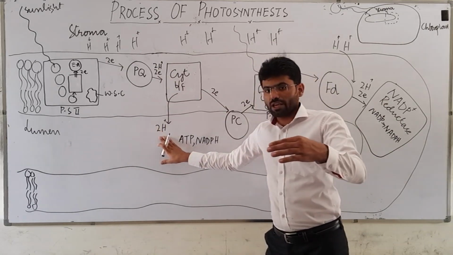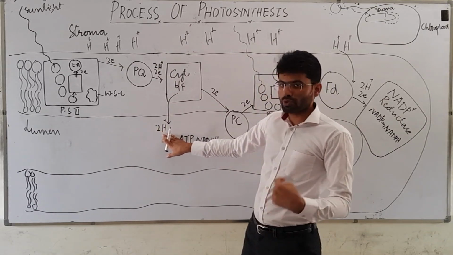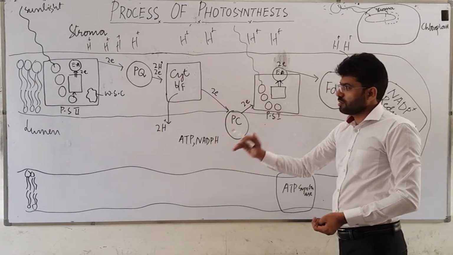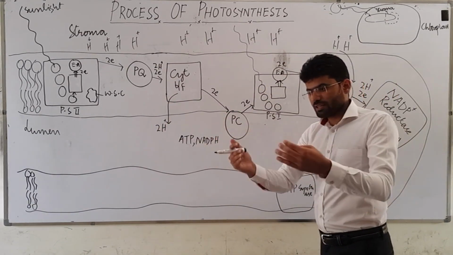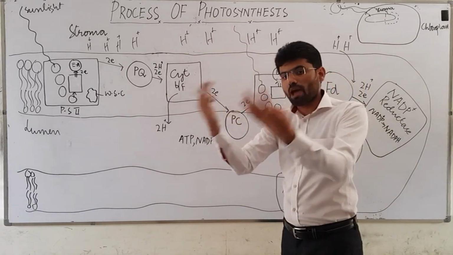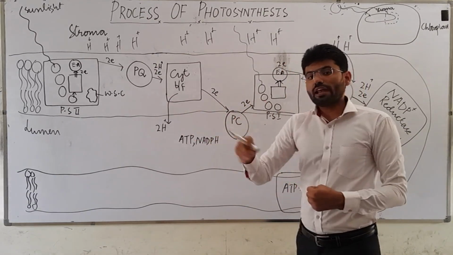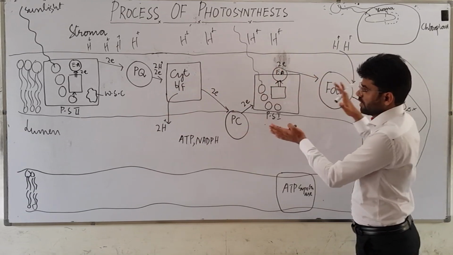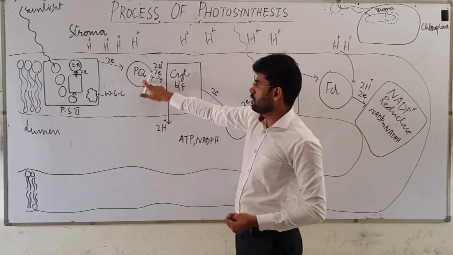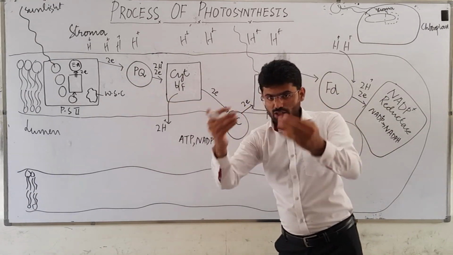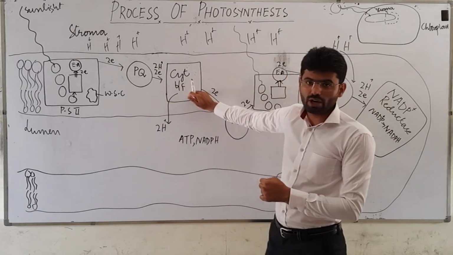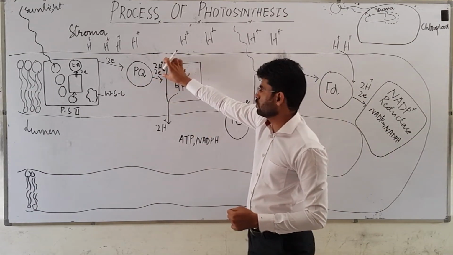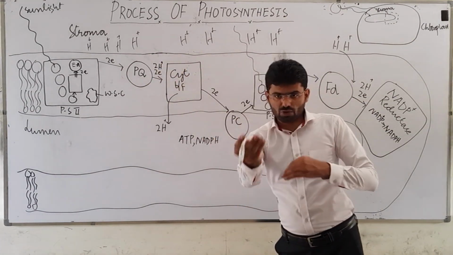We will see what will happen to these two protons, because this whole process is related with the movement of electrons. For that we must look at what the electrons are doing, moving from one place to another. So the plastoquinone is giving the two electrons to the cytochrome b6f complex along with the two protons. When these two combine, they form two hydrogen atoms.